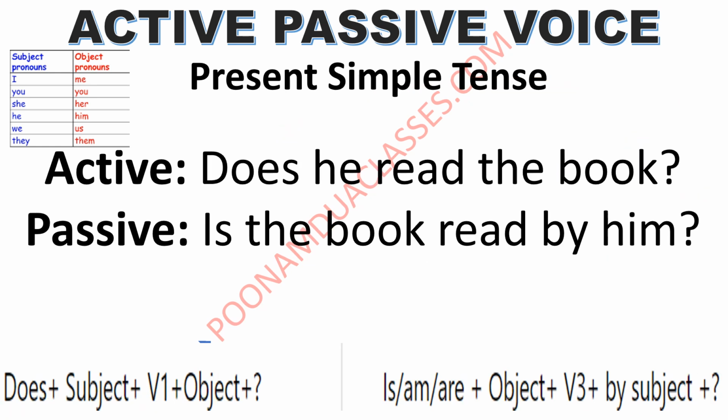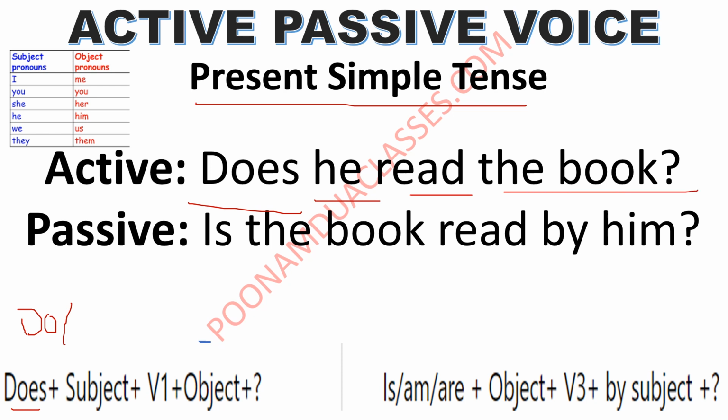Now we will go for interrogative. That is, the sentence tense will remain the same, only it becomes a question. Does he read the book? Do or does plus subject plus first form of verb plus the object.